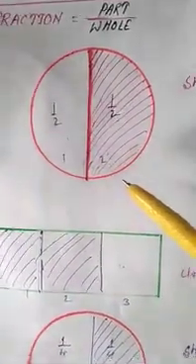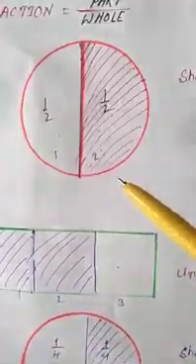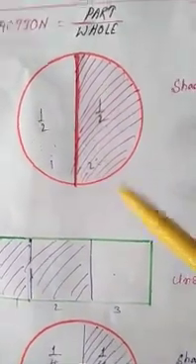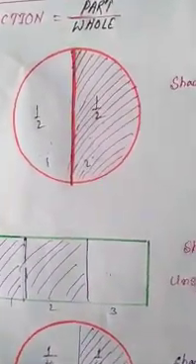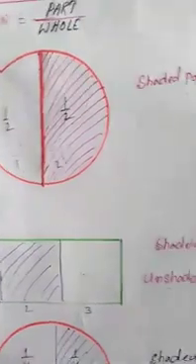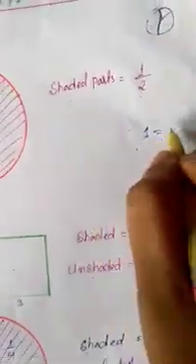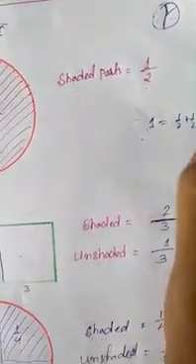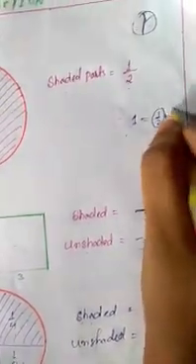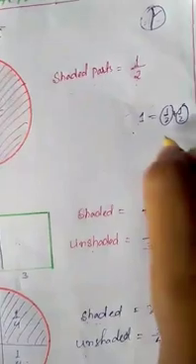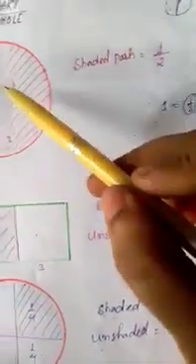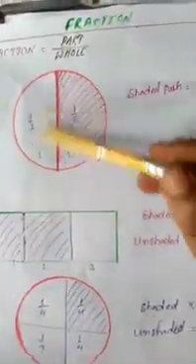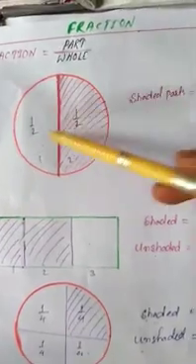That means you have used fractions. From 1, the complete whole pizza, you have divided it into two parts, and these two are the fractions.